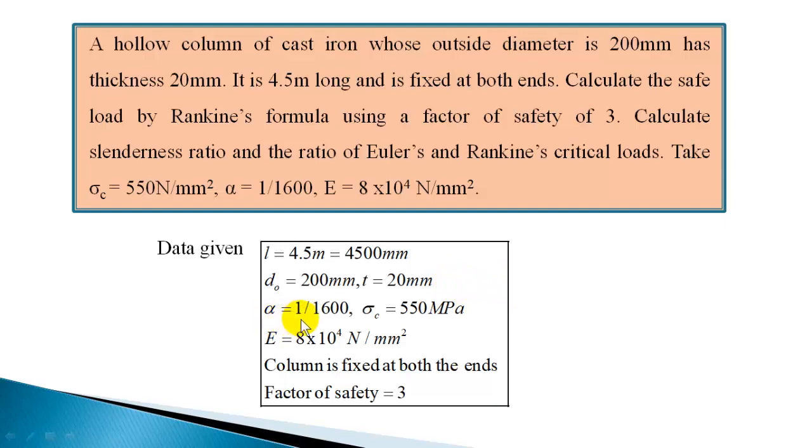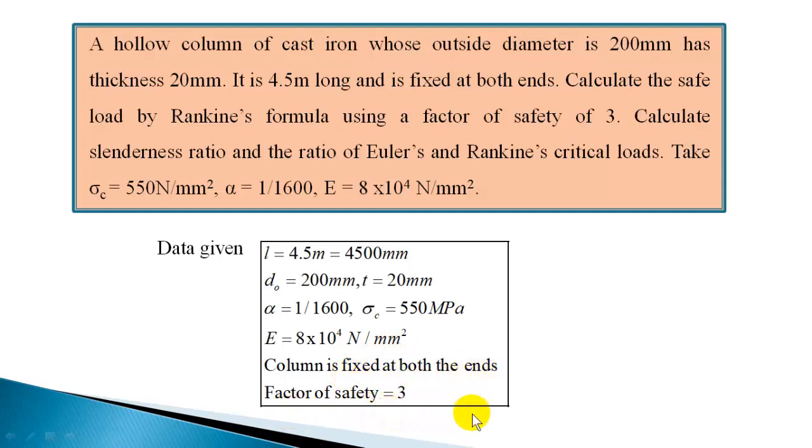Alpha, Rankine's constant, is 1 by 1600 and sigma c, the stress at which the column crushes, is 550 megapascal. Young's modulus of the material is 8 into 10 raised to 4 Newton per mm square, and the column end condition is fixed at both ends.